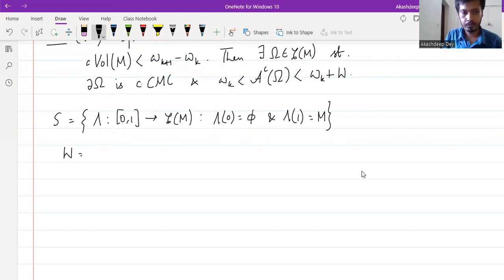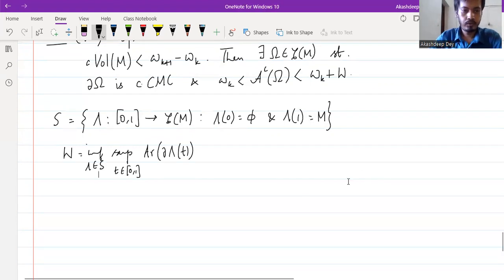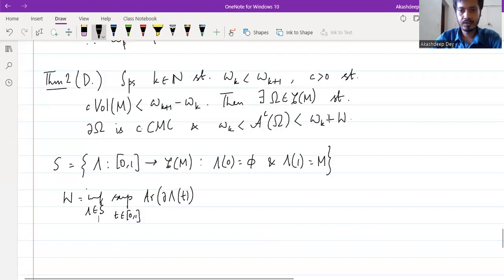We take the sup of the area of the boundary of Lambda(t), t in [0,1], and then we take the inf over all Lambda in S. So W is the min-max number associated to this family S.